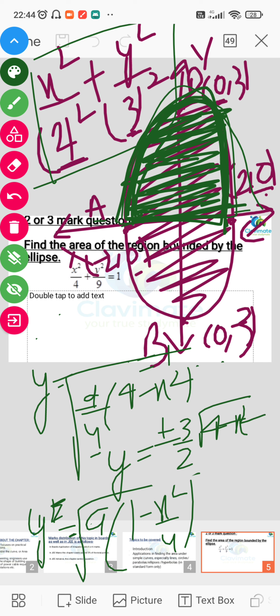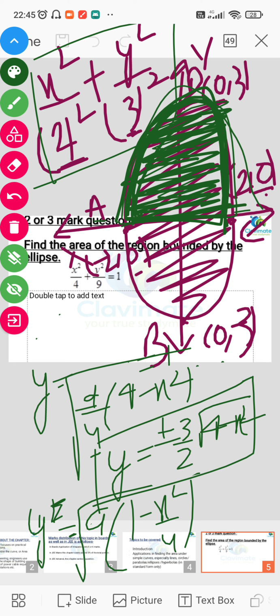Okay, so now we have found the value of y. This region is above the x-axis, so this is positive, so we will take the positive sign. So the value of y will be plus 3 by 2 under root 4 minus x square.